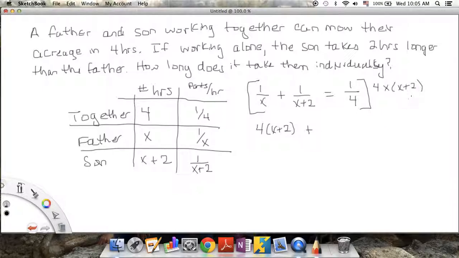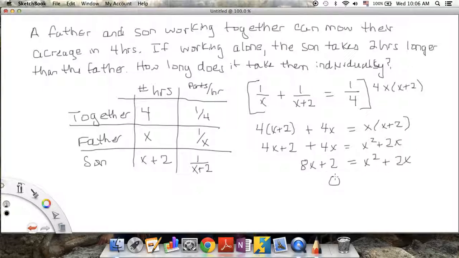When we multiply this, we're left with 4x. And when we multiply this one, we're left with x times (x+2). So multiply, and combine our like terms. Then get everything all on one side.